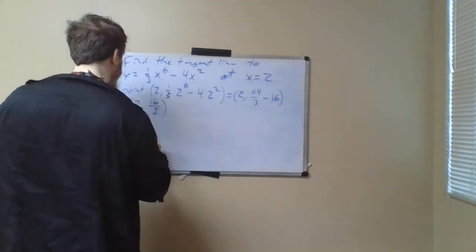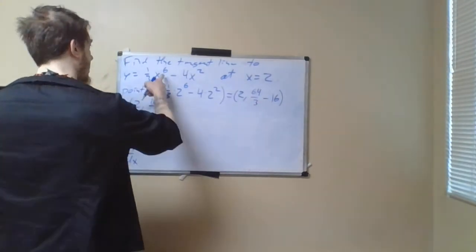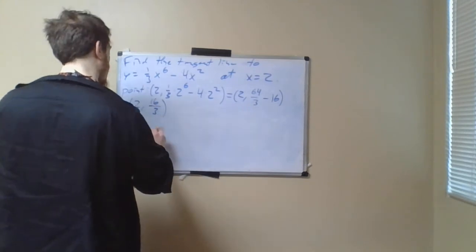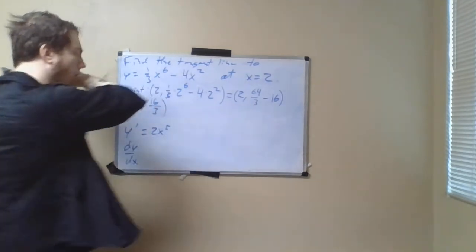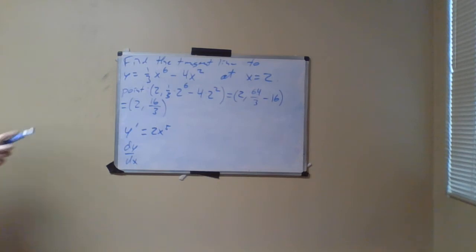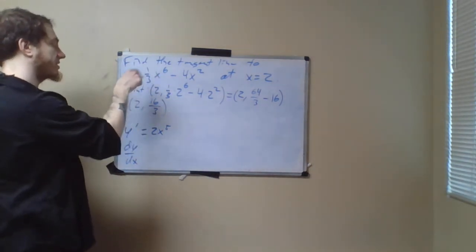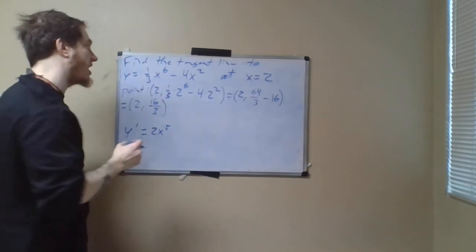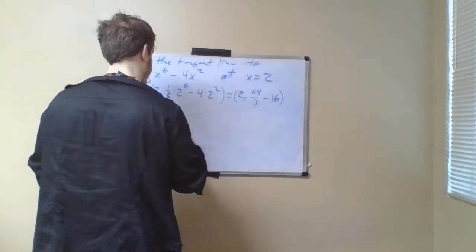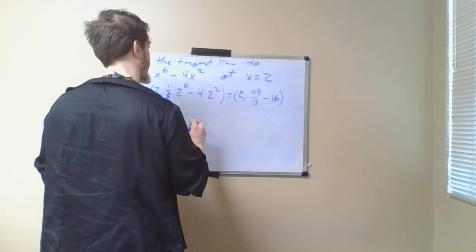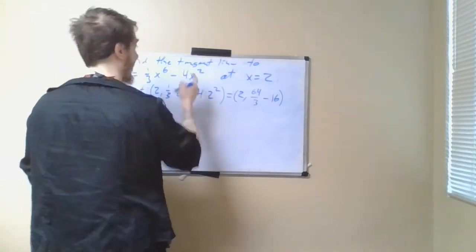So regardless of which notation we choose to use, this is going to become 6 times 1/3, this is 2, excuse me, 2 times x to the 5th. Because 6 times 1/3 is 2, 6 minus 1 is 5. Then we're going to have minus 8x, just x.